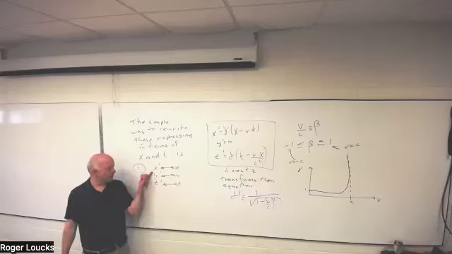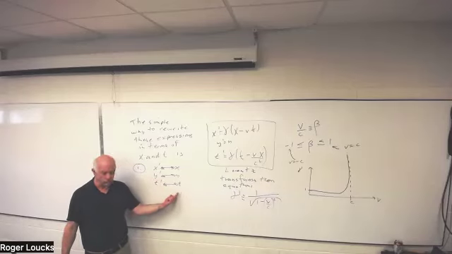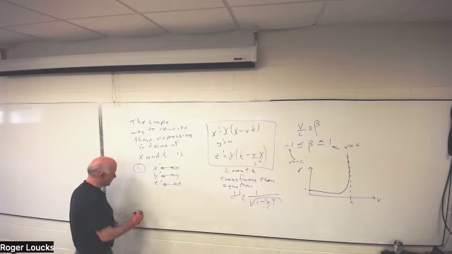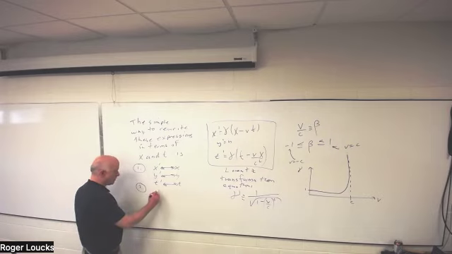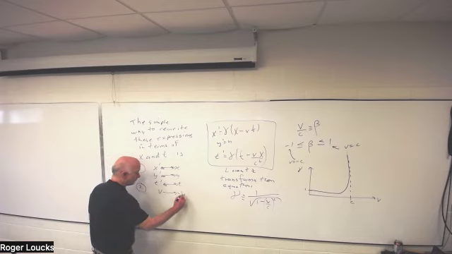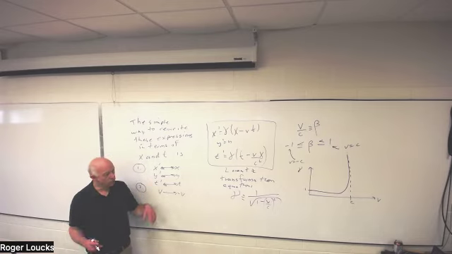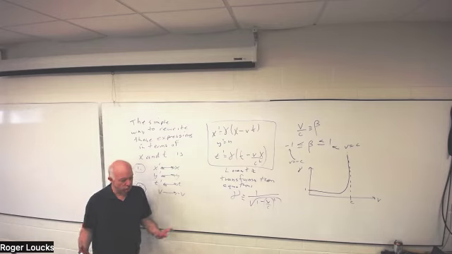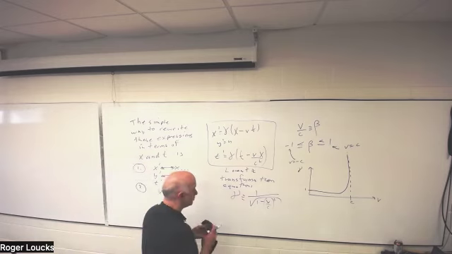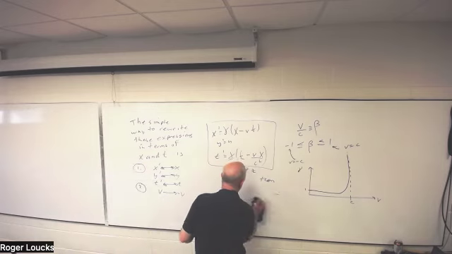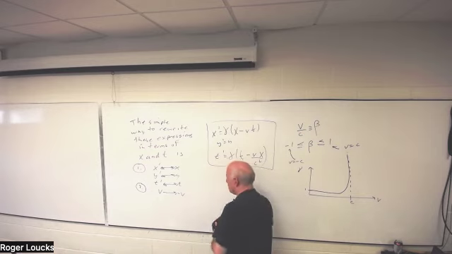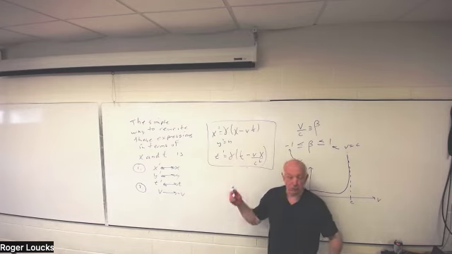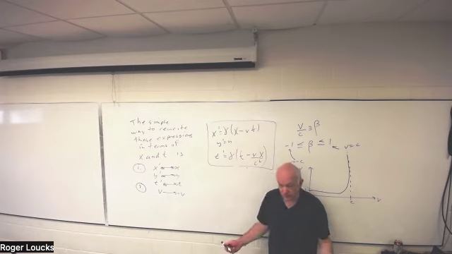Wherever you see an x prime, you put in an x. Wherever you see an x, you put an x prime, and the same with t. Second thing, you replace v with minus v. That's kind of the dumb way to get these expressions. So again, you can solve the equations and get this, but this is the easiest way to do it.